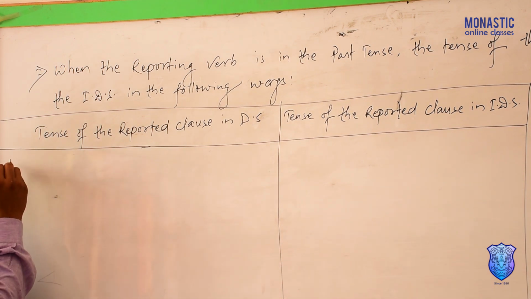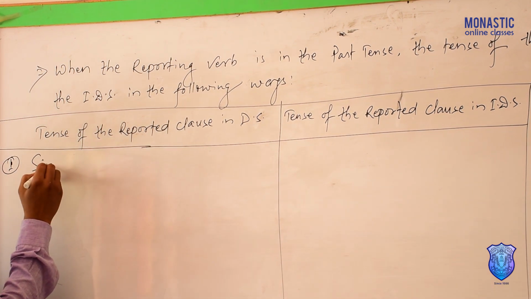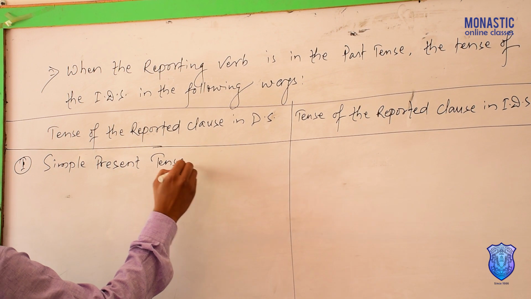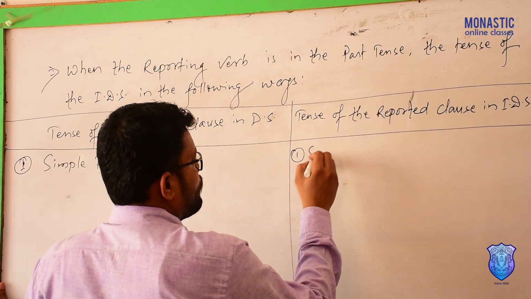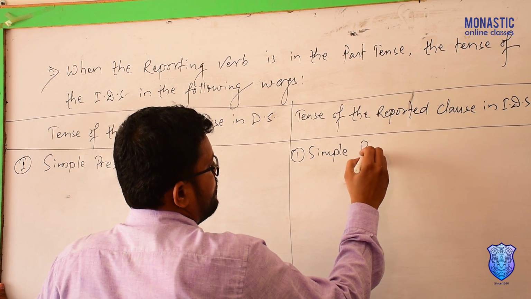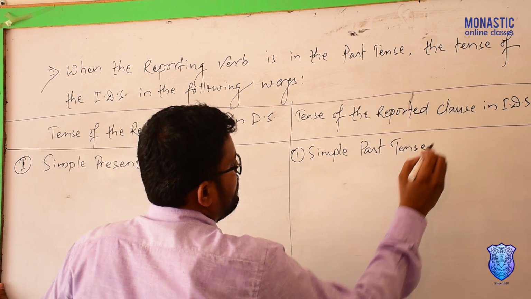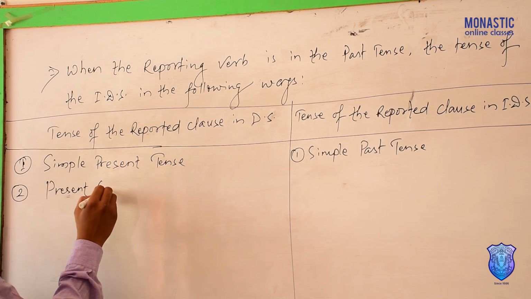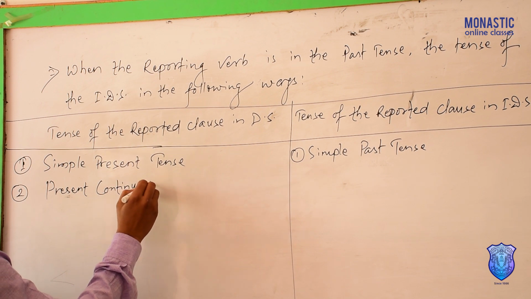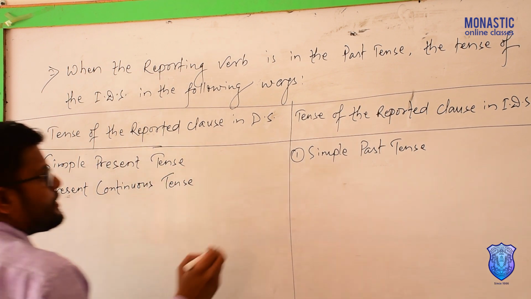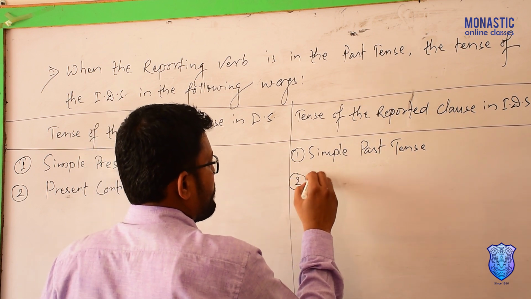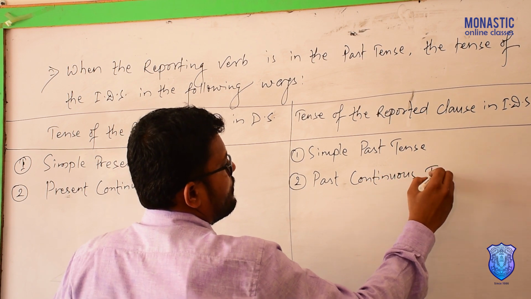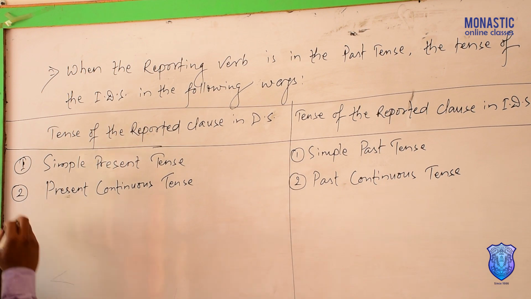And here it becomes: if there is simple present tense, it should be changed into simple past tense. If there is present continuous tense, it should be changed into past continuous tense.